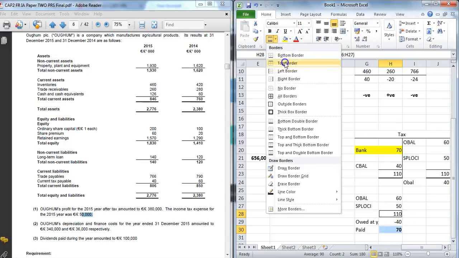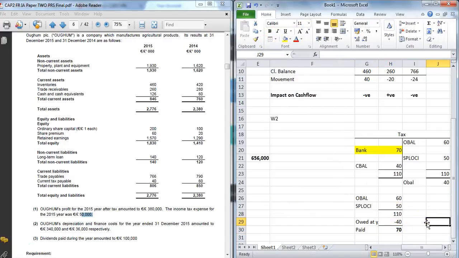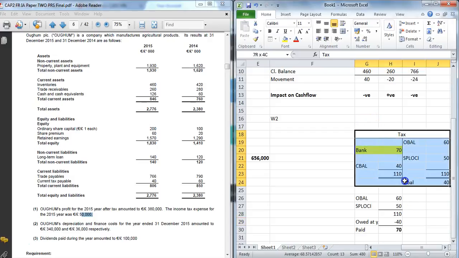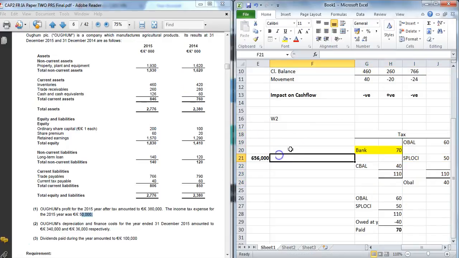So you can by all means do it in a column, and some students feel it's a lot quicker that way if you can understand intuitively what's going on. But just make sure you're comfortable enough that you don't make a slip in terms of adding or subtracting. That's why a lot of the time a T account can be very helpful to see exactly what's going on, particularly when you're under exam pressure. Right, but that's the kind of logic we're going to use for the rest of the line items to help explain the movement throughout the period.